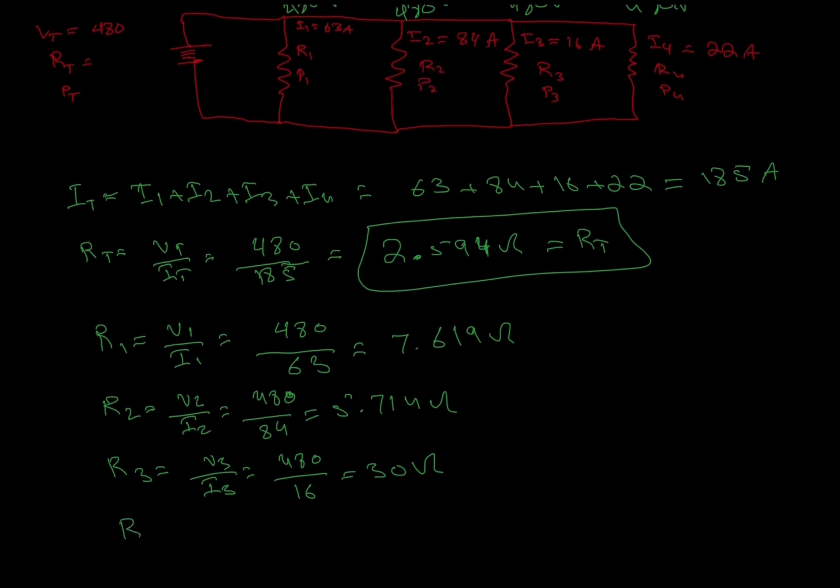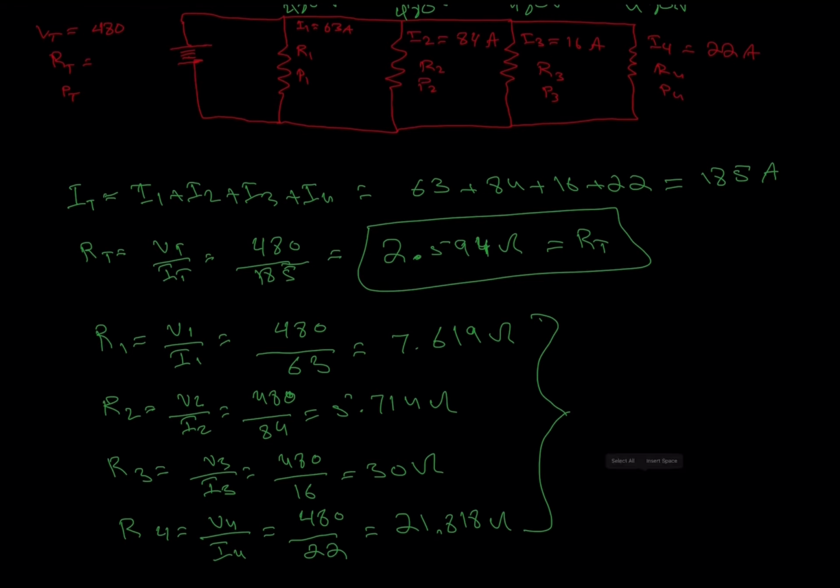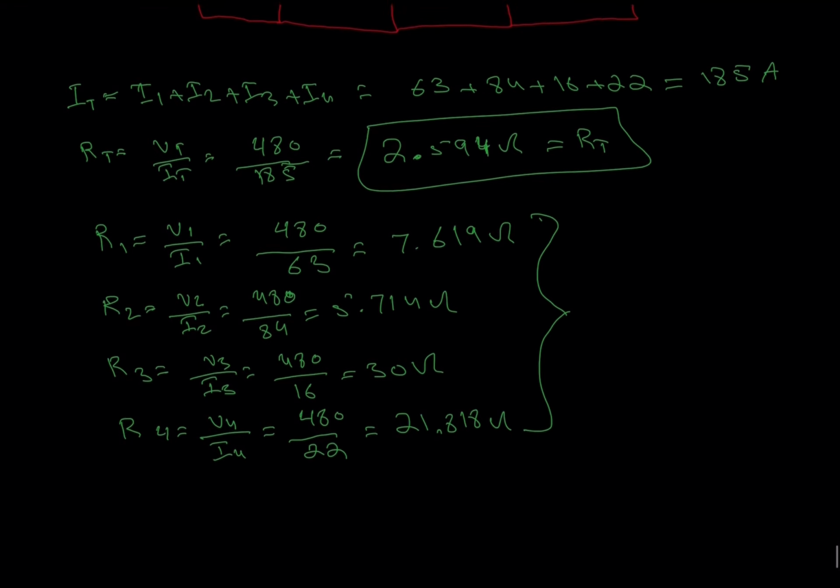And R4 will be V4 over I4, and that will give me 480 volts divided by 22 amp, which gives me 21.818 ohms. So that's my individual resistance here.